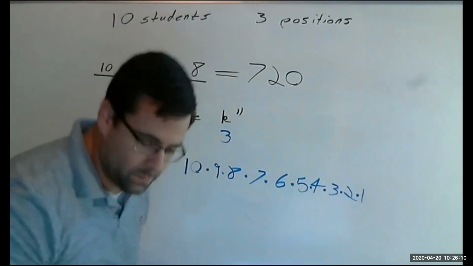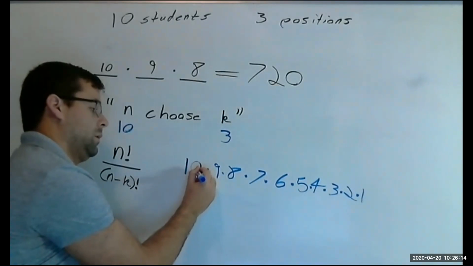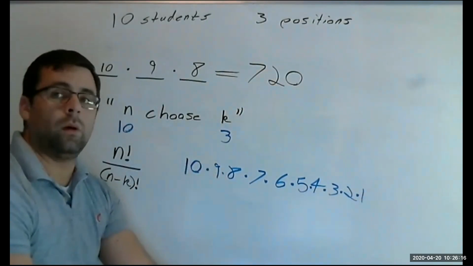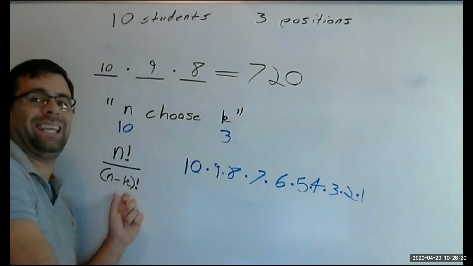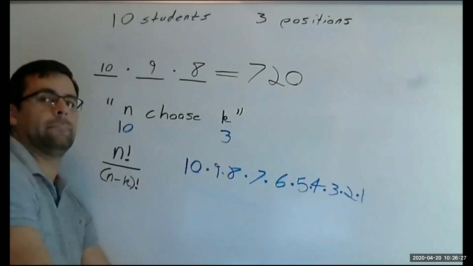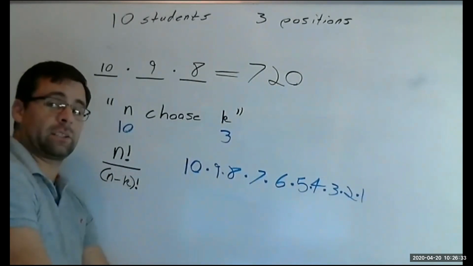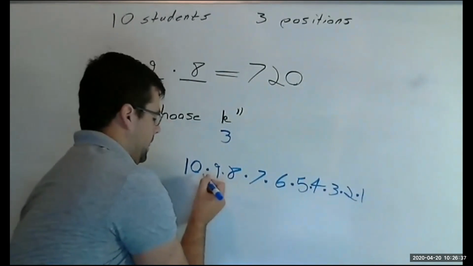Okay, so what is n minus k? 7. Yeah, 7. So what is 7 factorial? 7 times 6 times 5 times 4.